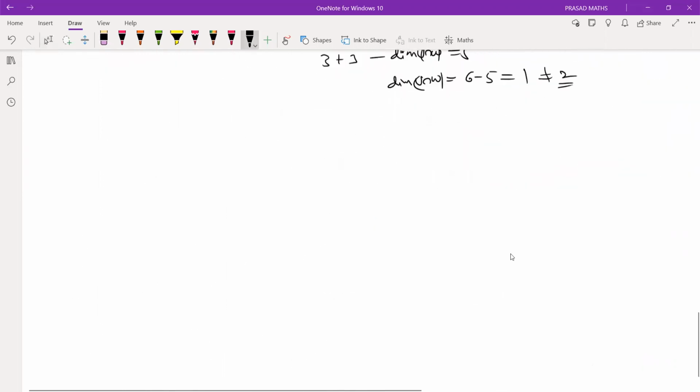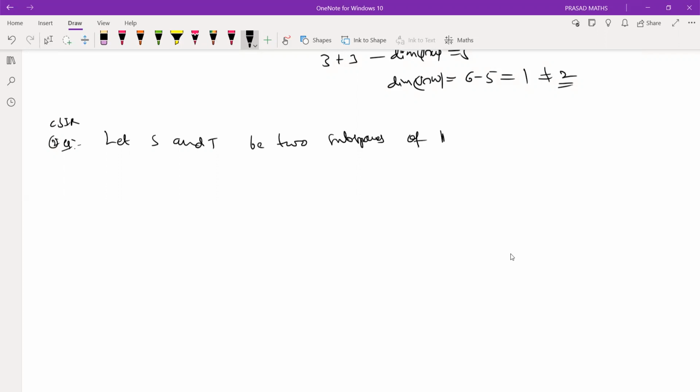Okay. The next one is also very, very important. This question was asked in CSIR, problem number 2, using the same technique. Let S and T be two subspaces of R24 such that the dimension of S is 19 and the dimension of T is 17.